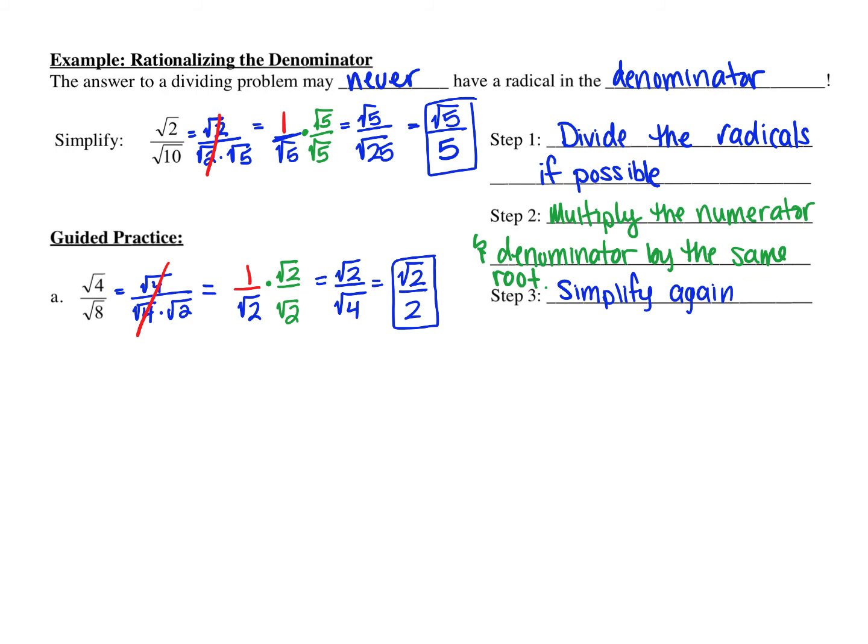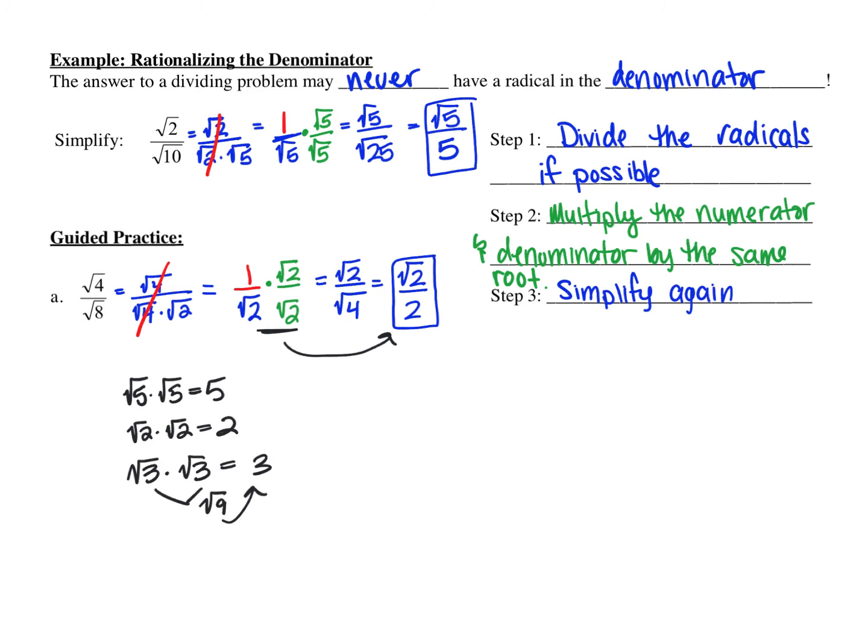So I'm not sure if you're noticing that there's a little pattern here. When we did the square root of 5 times the square root of 5, when we simplified up top, we just got 5. And right now, when I did the square root of 2 times the square root of 2, after I simplified all the way over, I just got 2. So if I did the square root of 3 times the square root of 3, that's just going to be 3, because square root of 3 times square root of 3 is going to be the square root of 9, and 9 simplified is just 3.